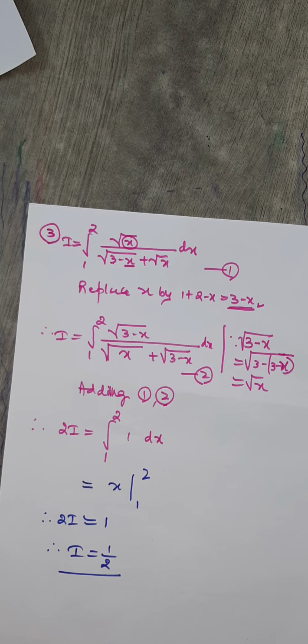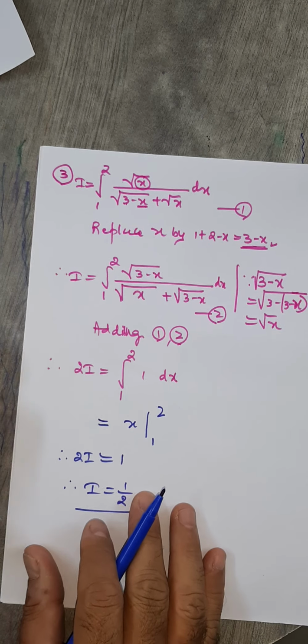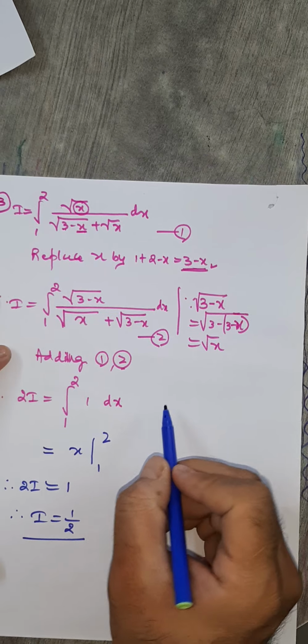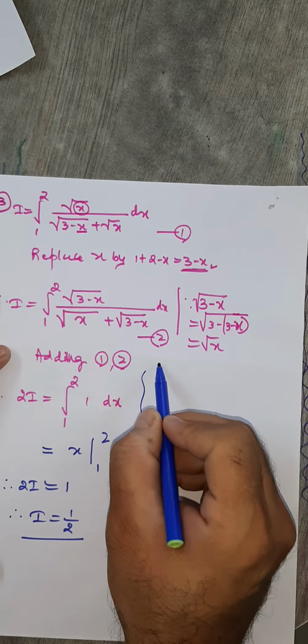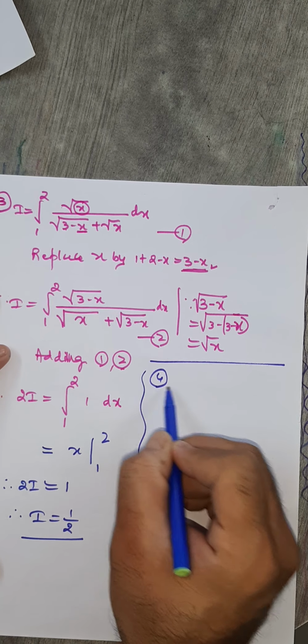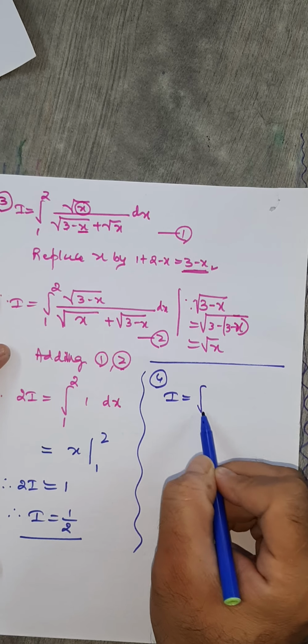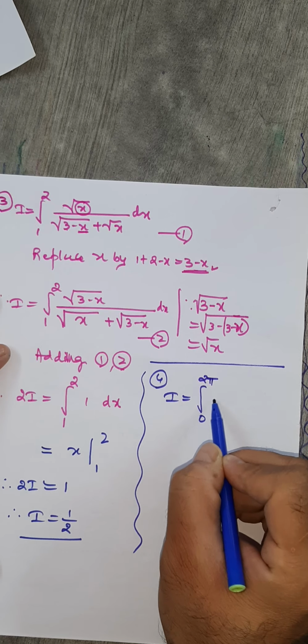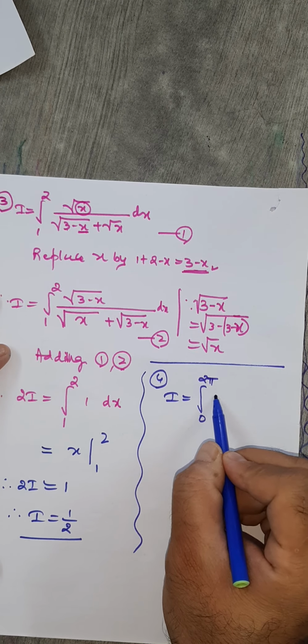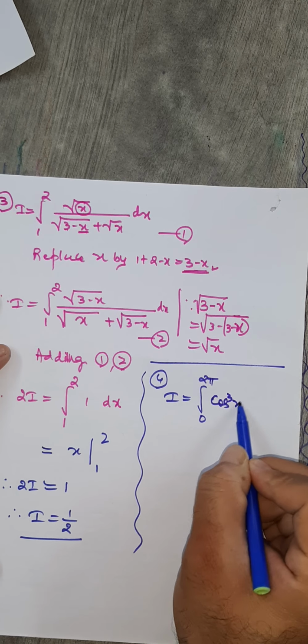Okay. Now here you can try such questions also. For example, let's see this. Fourth one. I equals integral 0 to 2 pi cos cube x dx.